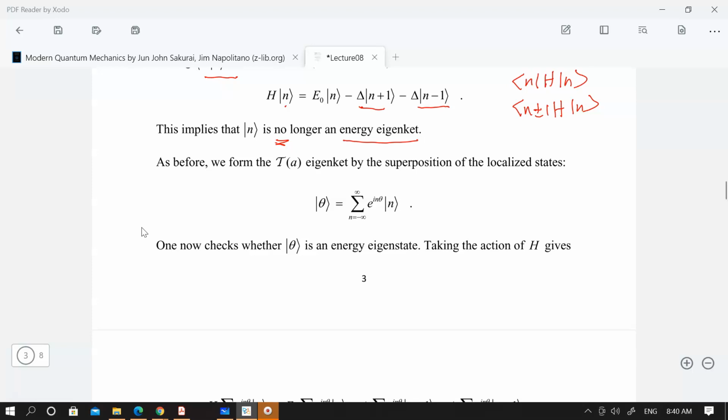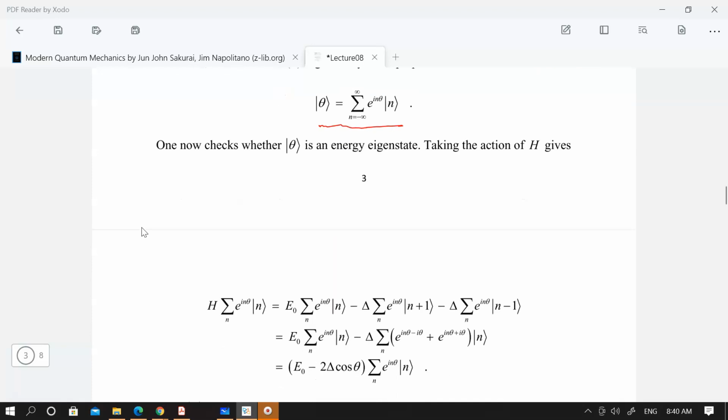Well, let's consider the one that we already had before. Your translation operator will have this as an eigenket. Okay, so one needs to check if this is also an energy eigenstate. Because we already know that this is essentially a translation operator eigenstate. So one just needs to check whether one can have this thing also as an energy eigenstate.